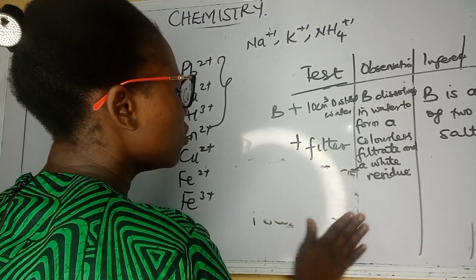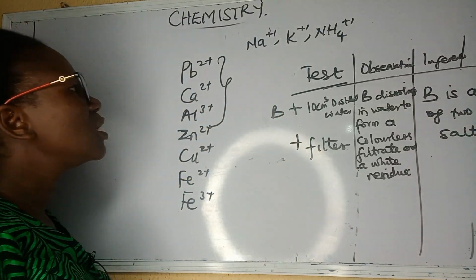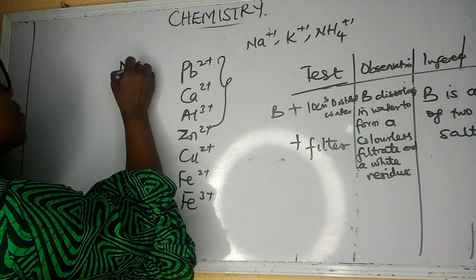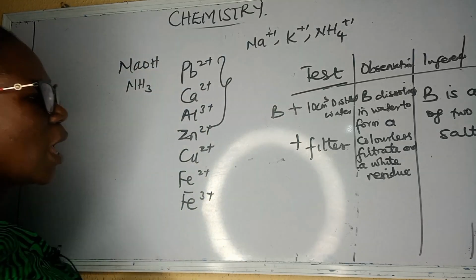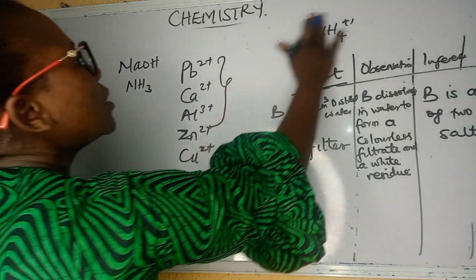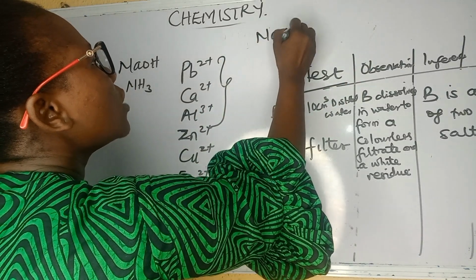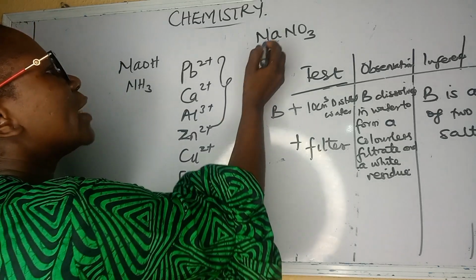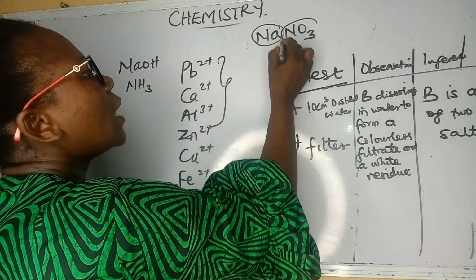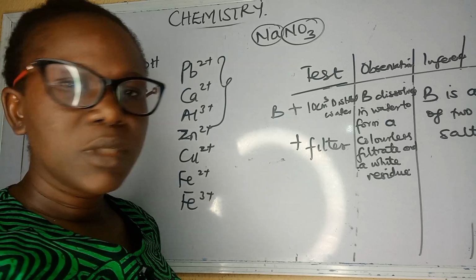Now, I told you at the beginning that anytime you see sodium hydroxide or ammonia, you are testing for a positive ion. Assuming our filtrate is sodium trioxonitrate 5, definitely we test for the sodium ion and the trioxonitrate 5 ion.